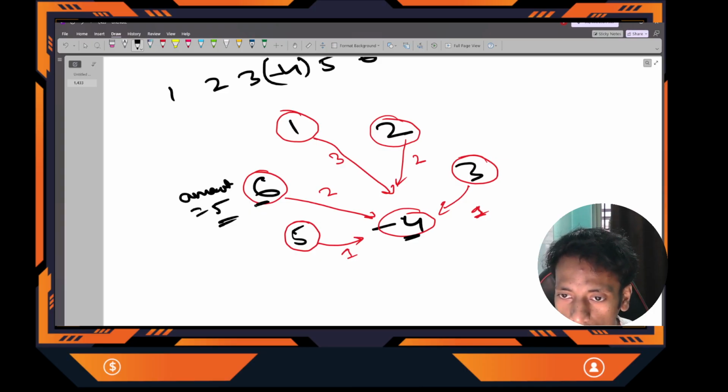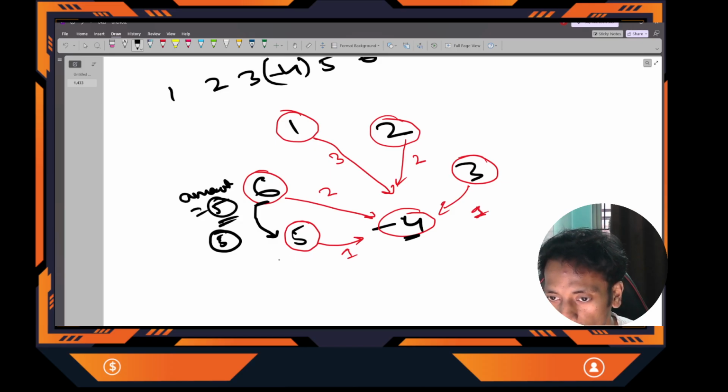So if I want to transfer 5 balance, 5 amount from this 6 to 5, it will take 5 moves, because in one move I can move only one balance, one unit. So if I want to transfer 5 units, it will take 5 moves.